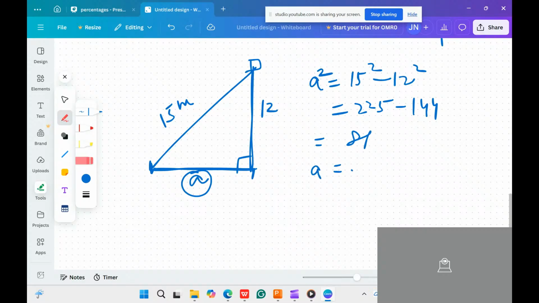Eighty-one, and A is equal to root 81, which is 9 meters. All right.